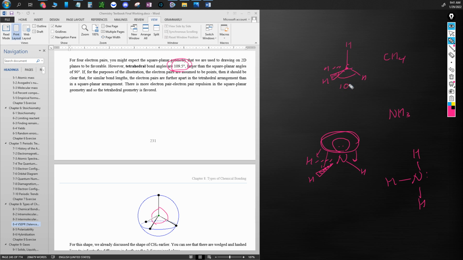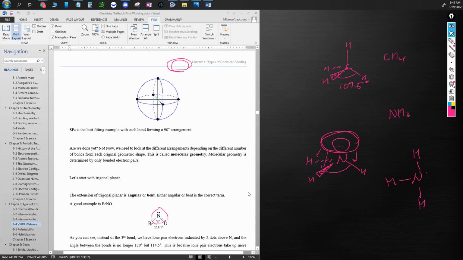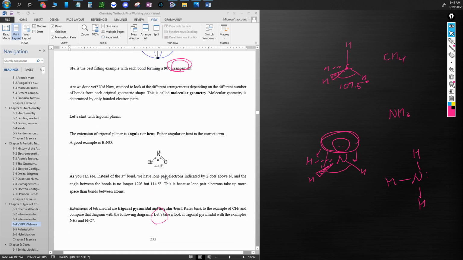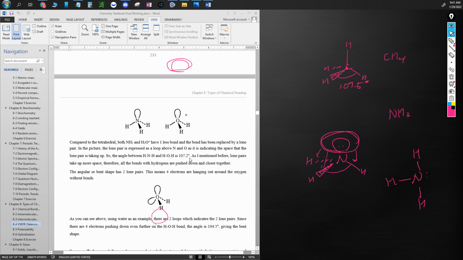Remember this is 109.5 degrees. This angle right here is going to be smaller because of the electron density up here. I think it's 107.2, if I'm not mistaken. There is another bond angle, no, that 114.5 is not the one we are looking at. So that would be 107.2. There you go. That angle is 107.2.